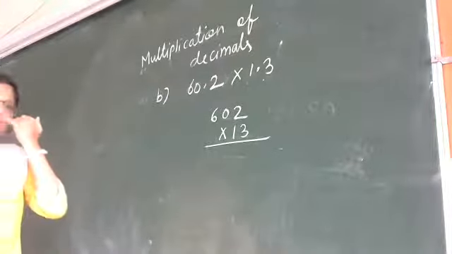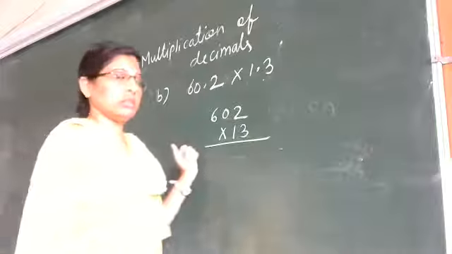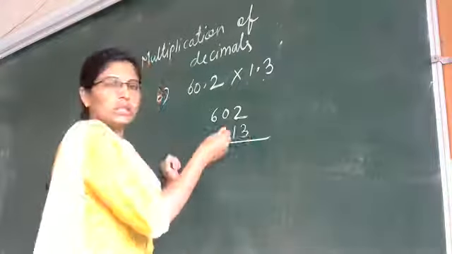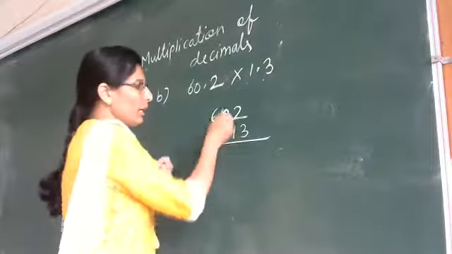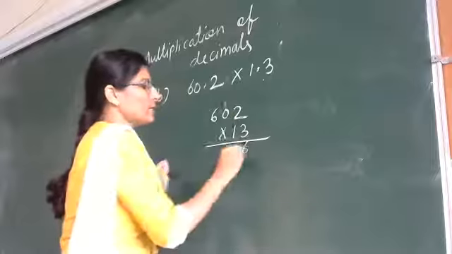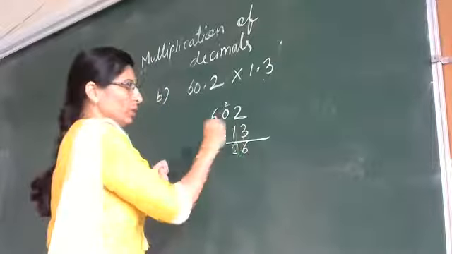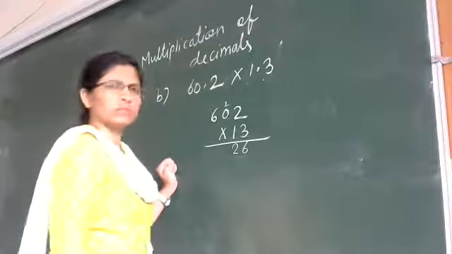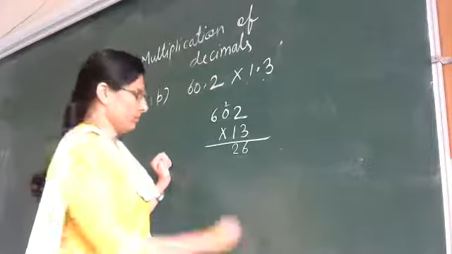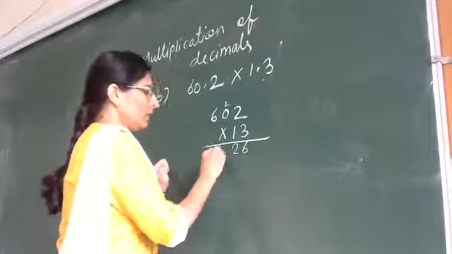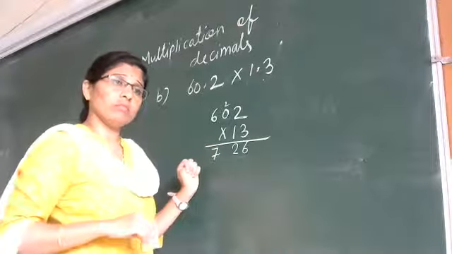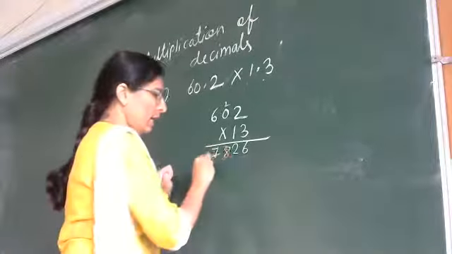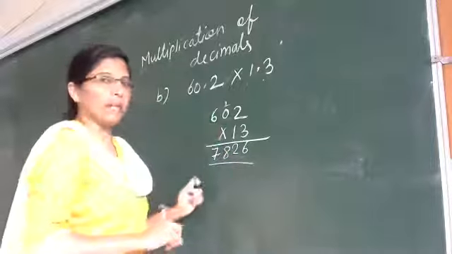So we can multiply 602 with 13. Okay, so we multiplied.